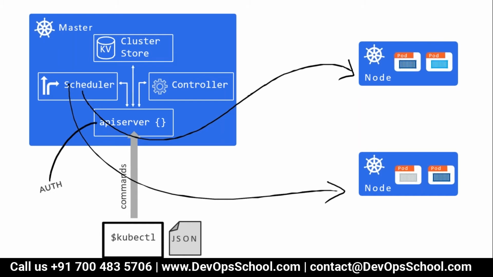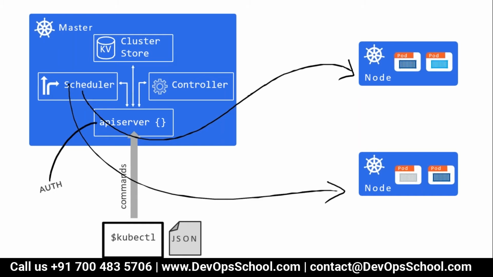But the most important thing is I need to write one deployment package, and it has to be JSON or YAML. If you're writing in YAML or JSON, that's not a problem. But the API server always accepts which format? JSON format.